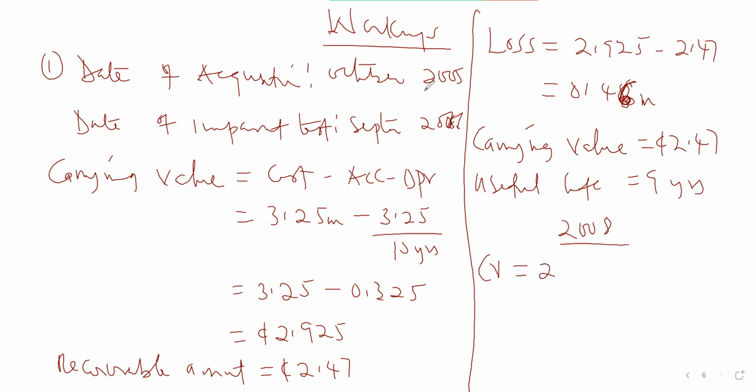It will be 2.47 minus 2.47 divided by 9 times 2 years. Yes, sir. So that will give us 1.92.